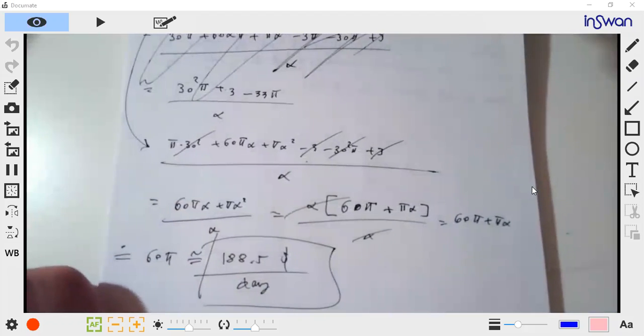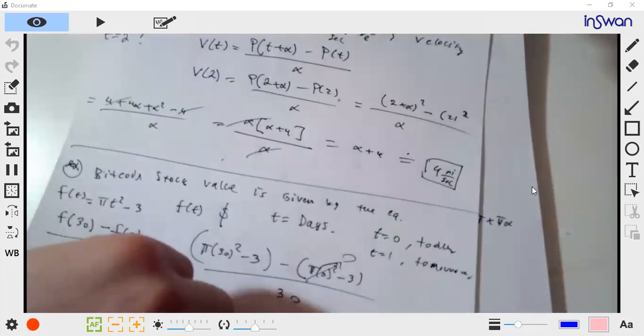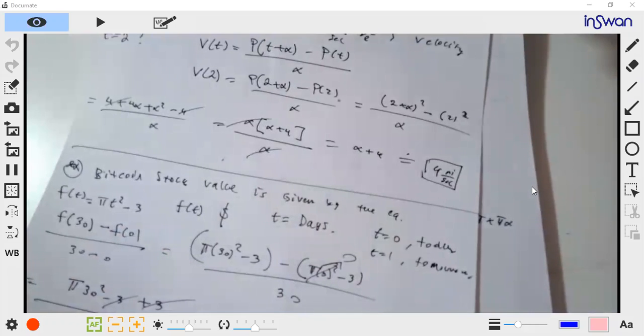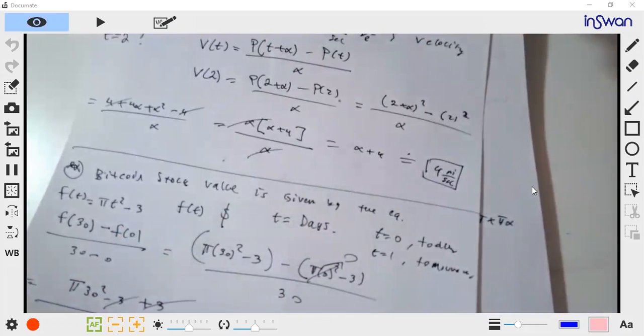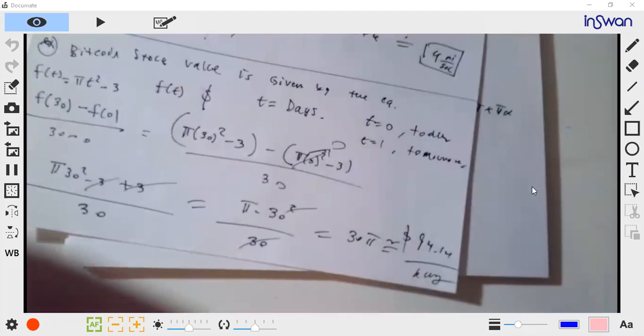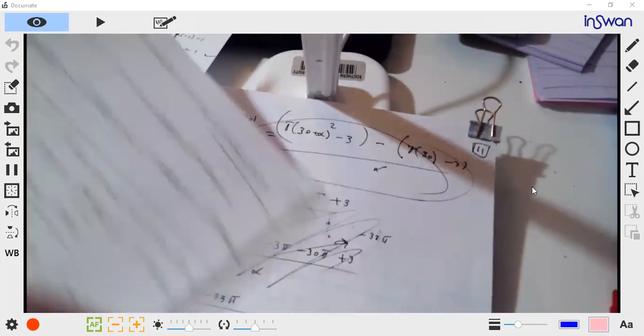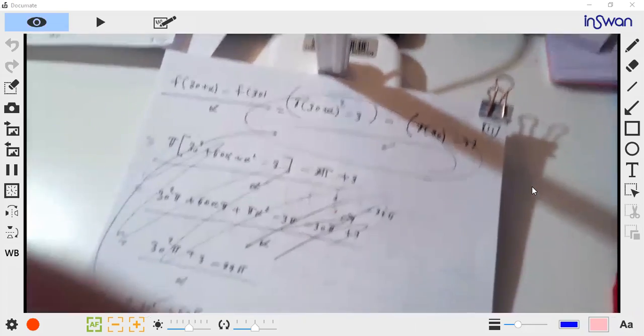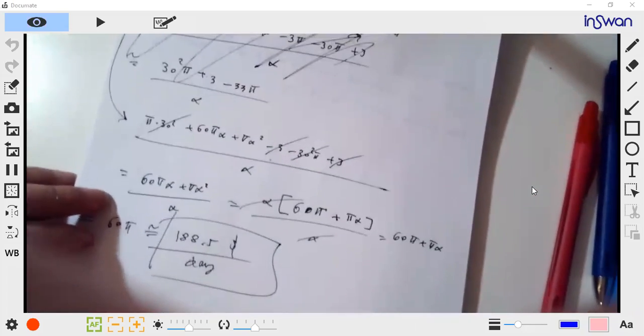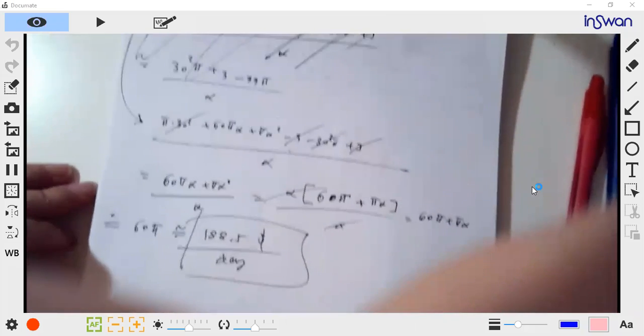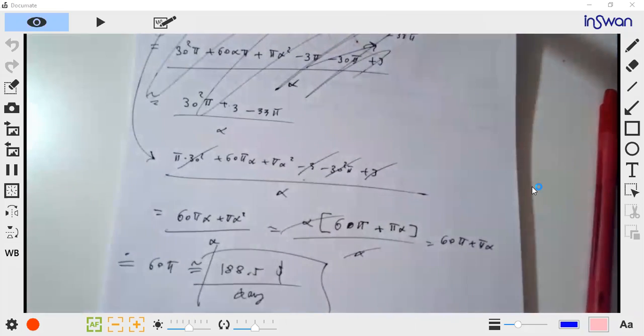But on the average, we saw that, from t equals 0 to t equals 30 days, it was just 94.14. So as you can see, the two values are very different. Knowing the instantaneous rate of change versus the average rate of change gives you two different pieces of information. One could argue that the instantaneous rate of change is a finer, more precise piece of data, whereas the average rate of change is a crude estimate.